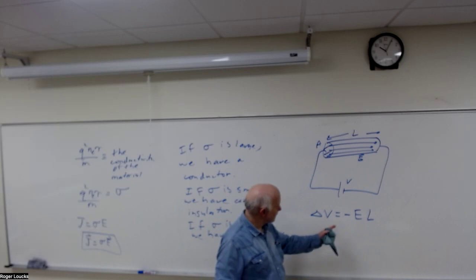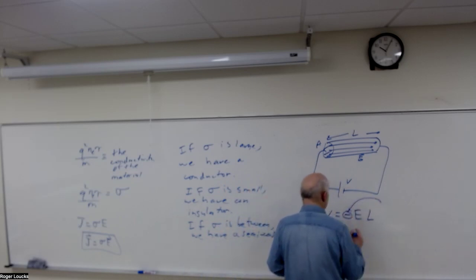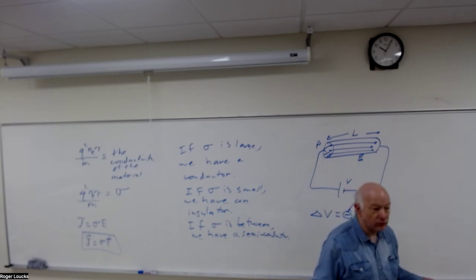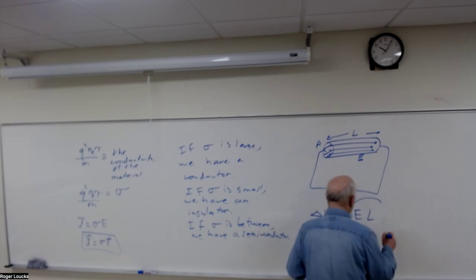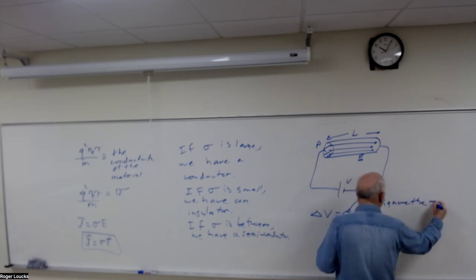Now, I'm not going to worry about the minus sign here. Just drop the minus sign, because eventually we're going to assume we have positive current. So ignore the minus sign.